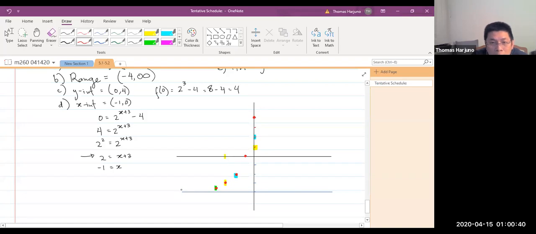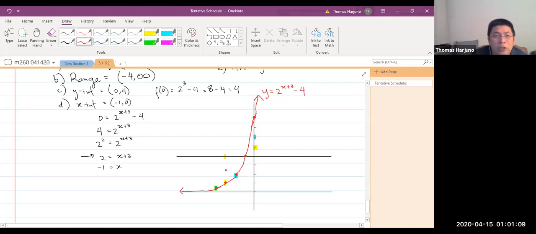Now connect them. Okay, so that's y equals 2 to the x plus 3 minus 4.